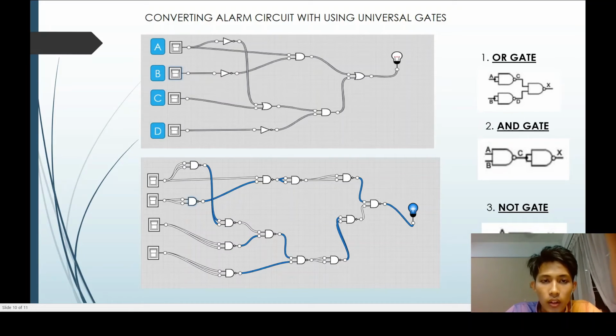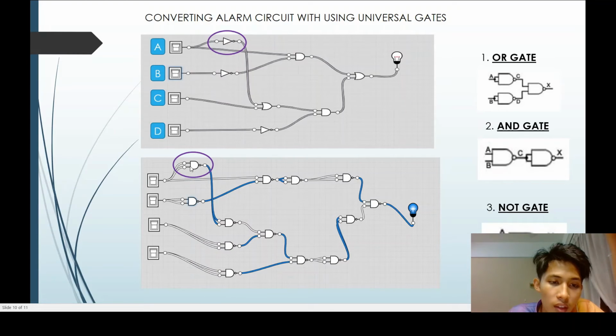So the first one, we want to convert the NOT gate in the blue and in the purple circle. So here we can see this is the NOT gate, right? For the NOT gate here, we need to use only one NAND gate, but the input is only one. So the two inputs here are connected to one input, the same input.